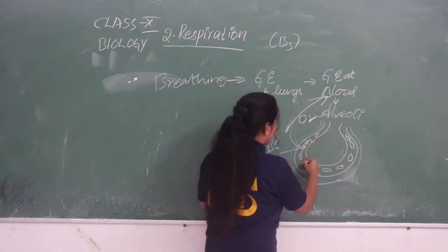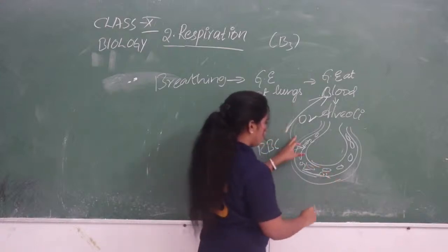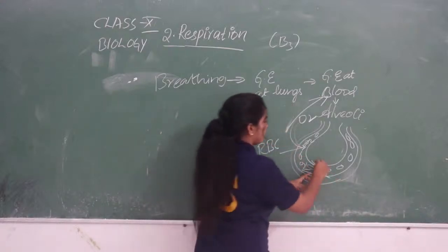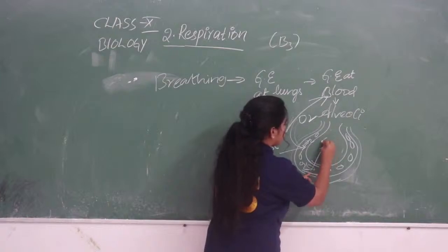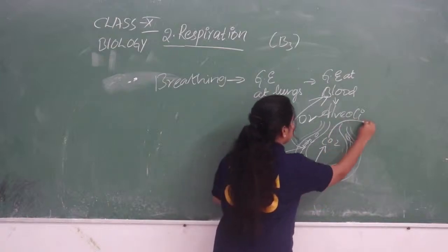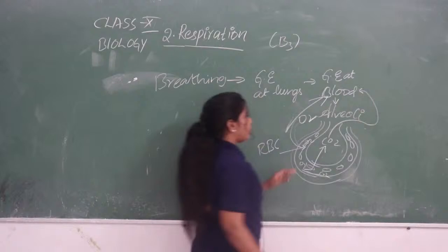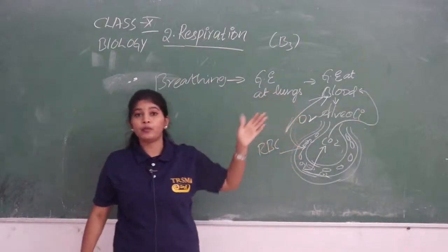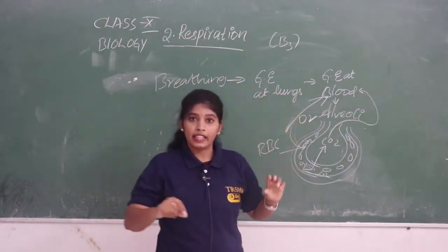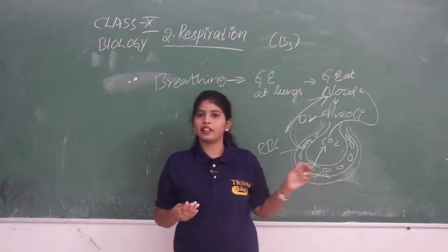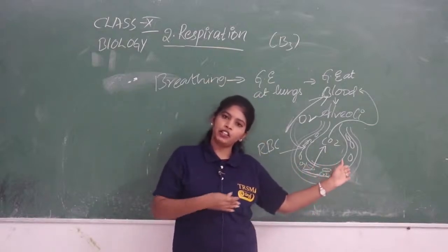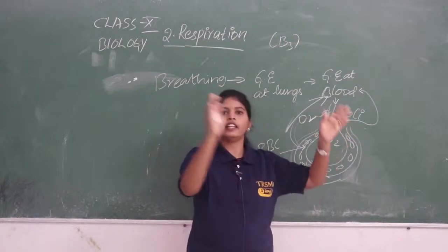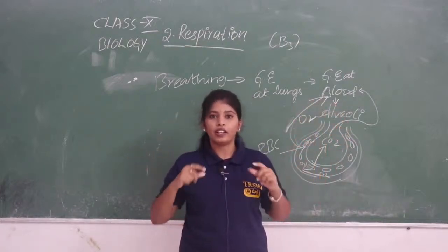I will write O2 here. This O2 is taken by the RBC, and CO2 is expelled from here and goes again into the bloodstream, thereby it is eliminated out of the body.